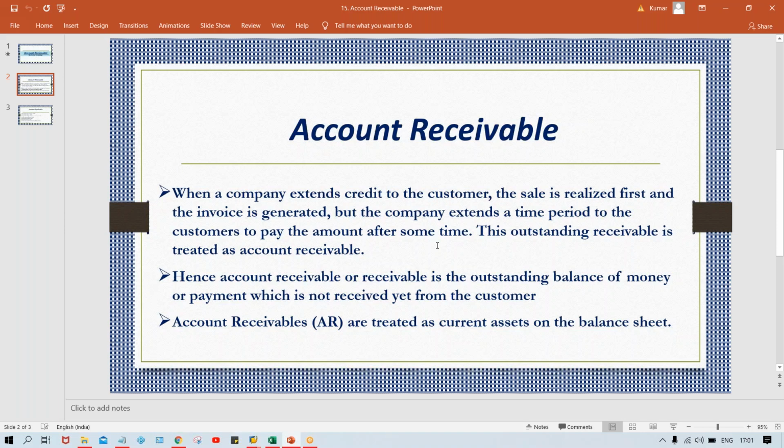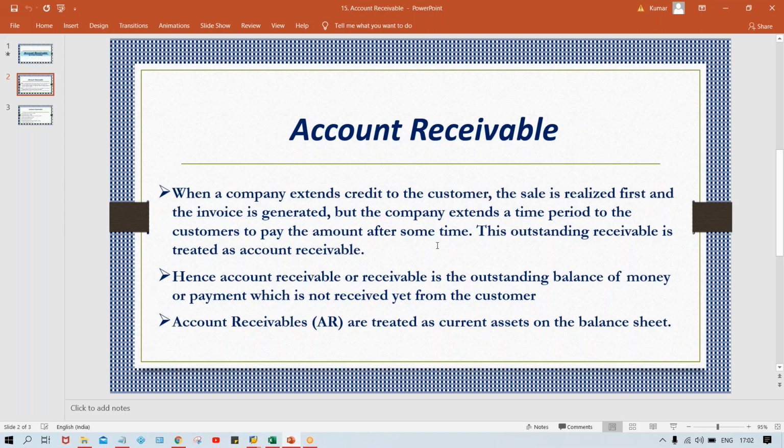So whatever sales have happened, let's suppose you have sold goods to a particular customer worth 1 lakh, 5 lakh, 10 lakh, 1 million, whatever it is. After a certain time, we are going to receive that amount, right? The amount is not received yet, but it is going to be received in future, after 30 days, after 45 days, after 60 days.